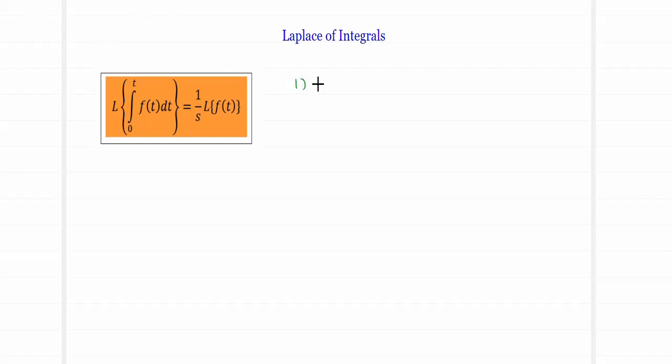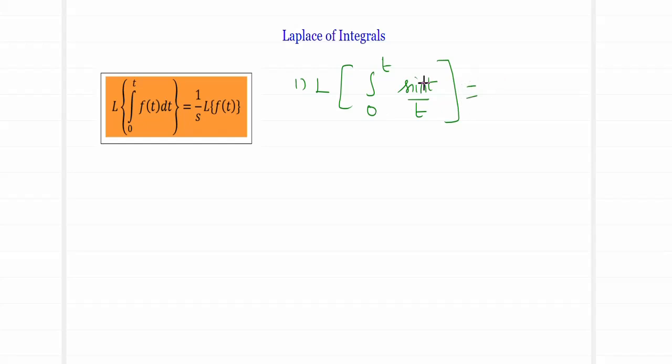Let me find what is going to be Laplace of the integral from 0 to t of sin t divided by t. So what will happen now?